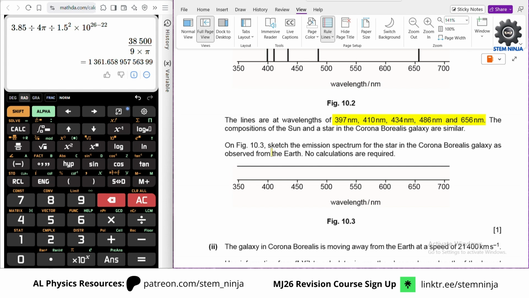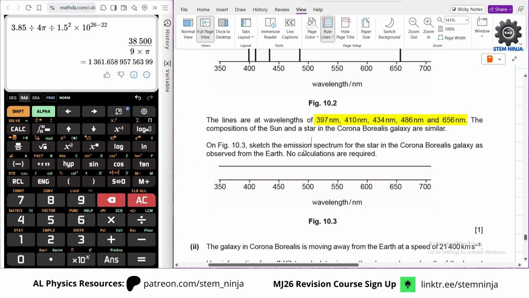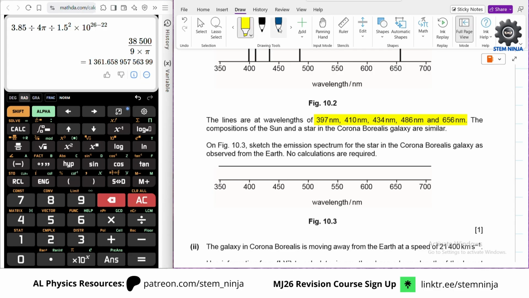No calculations are required. So basically all the wavelengths would be slightly towards longer wavelengths. Also, one thing to notice over here, even if you pull them longer like this, maybe somewhere closer to 500 and 650, this would be sufficient.